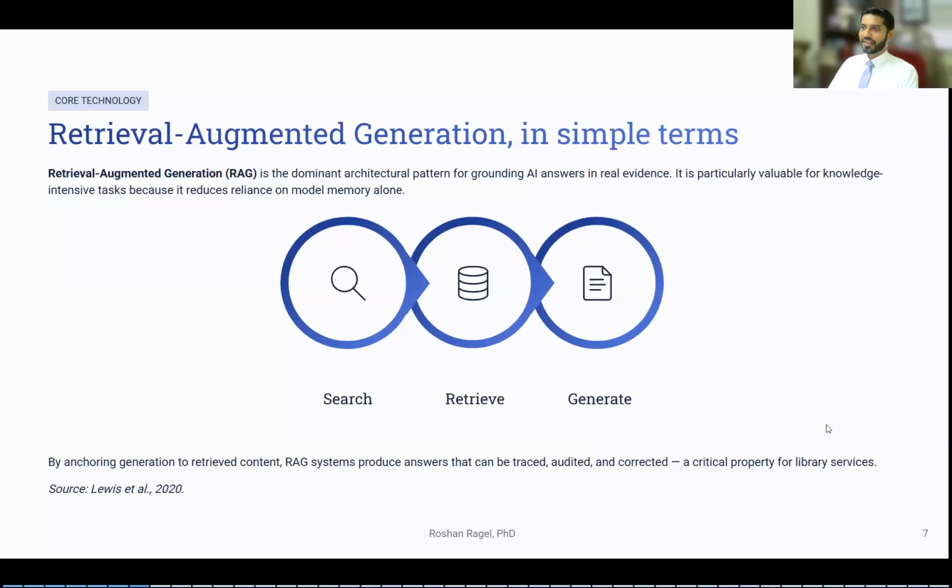I mentioned RAG. Just a quick idea about RAG. The idea of RAG is that when you want to do searching in, let's say, an AI space, you don't just say search the billions of documents that are out there and generate results from that, because billions of documents out there cannot be trusted.